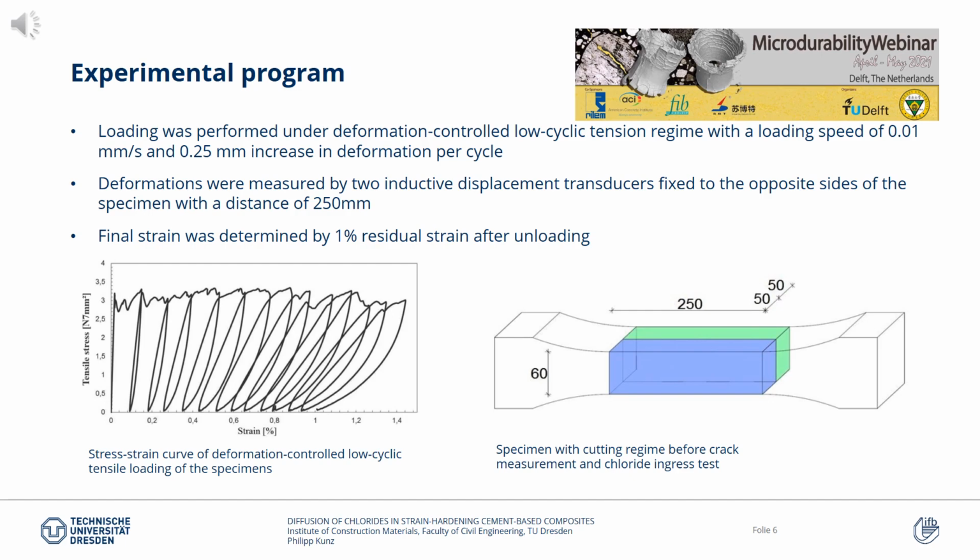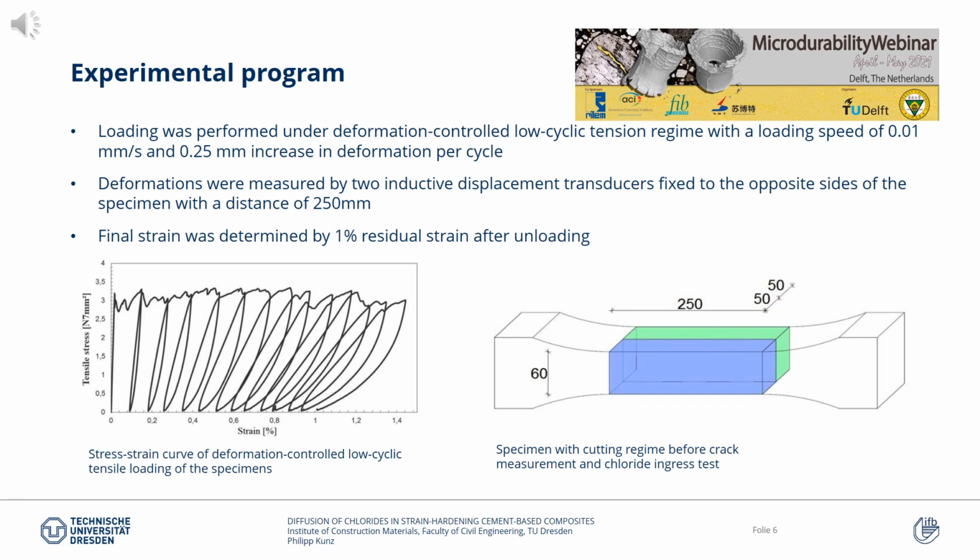The deformation was measured by two inductive displacement transducers fixed to the opposite sides of the specimen with a distance of 250 mm as mentioned before. The final state of strain was determined by a 1% residual strain after unloading.